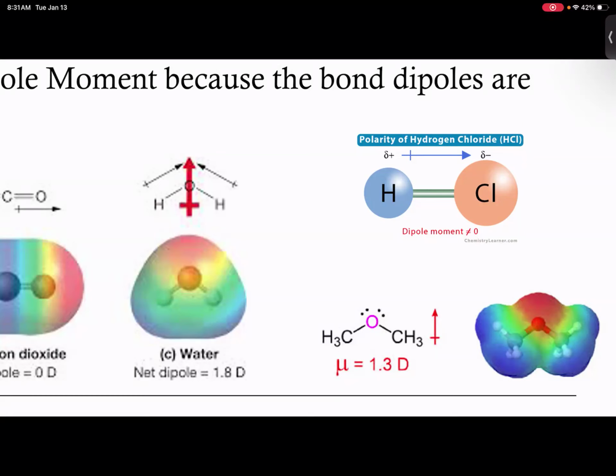So pretty much if you see nitrogen, oxygen, fluorine, chlorine, you can guarantee those molecules are going to be polar, because those are some of the most electronegative atoms on the entire periodic table.